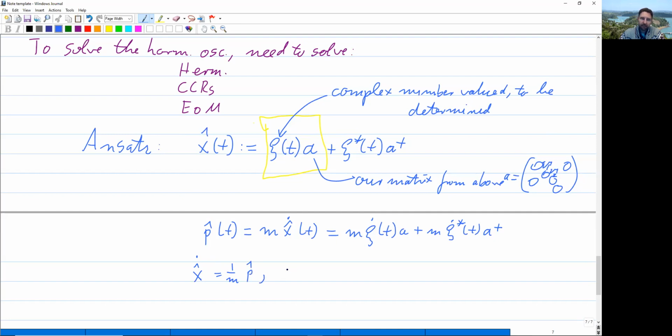And so we have that x hat double dot is equal to 1 over m p hat dot, but p hat dot is equal to minus k x hat, and therefore we have that x hat double dot is equal to minus k over m x.